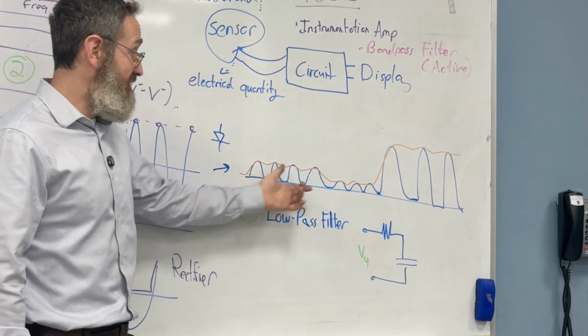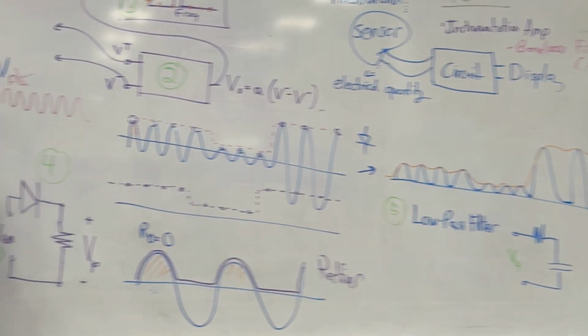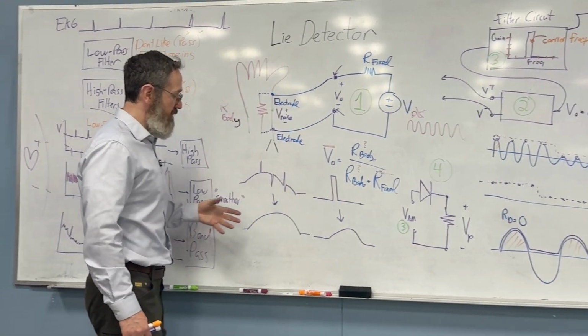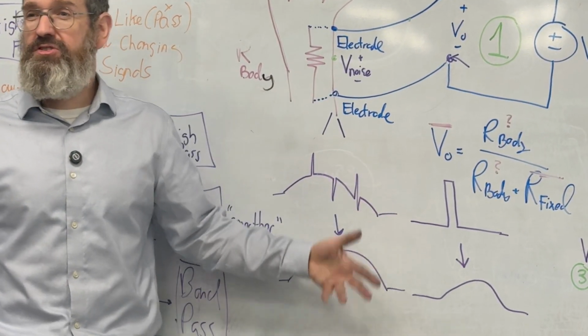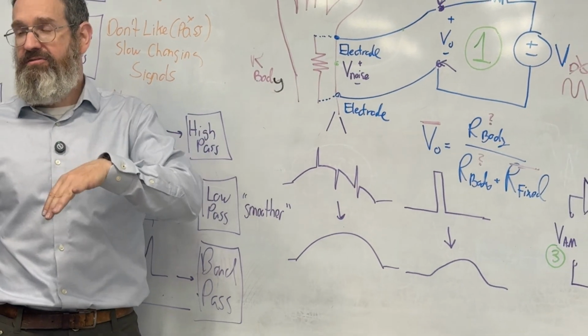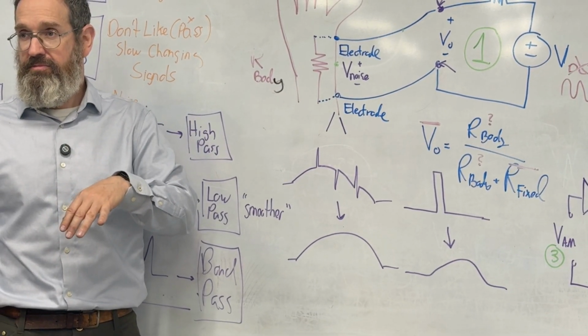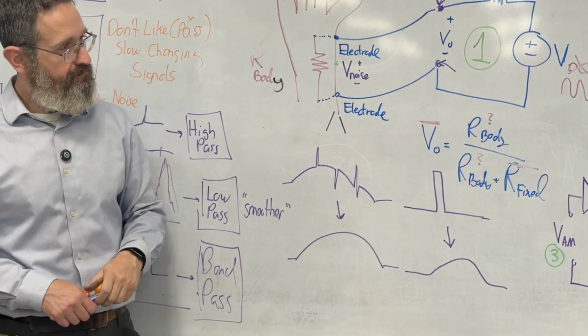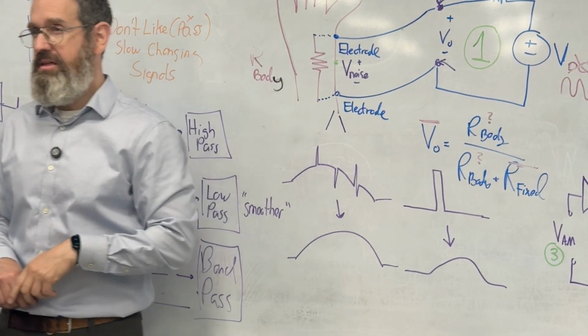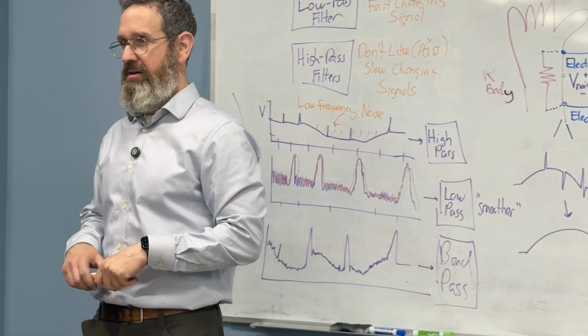However, for you to accept that, you have to believe, or have an intuition about how the low pass filter is this sort of smoother that doesn't like fast changing things. All right, we're going to leave that for today.